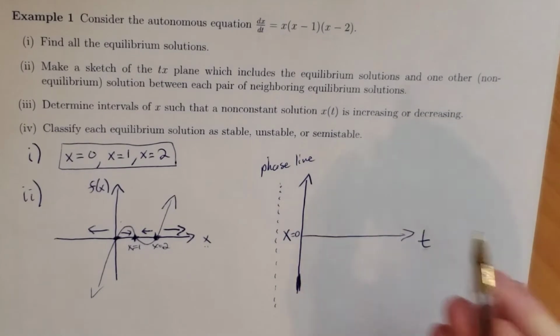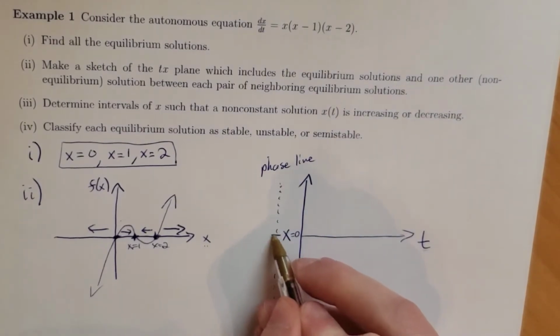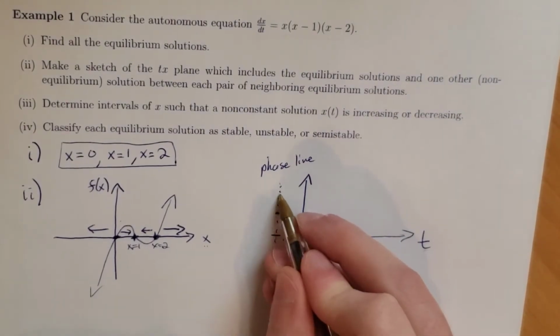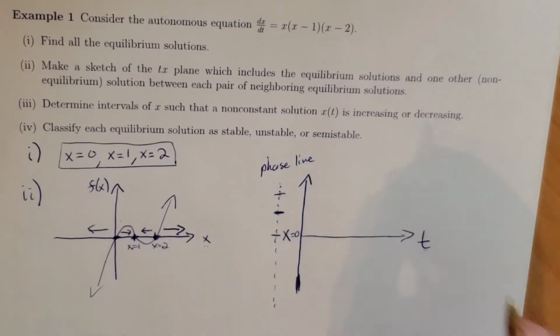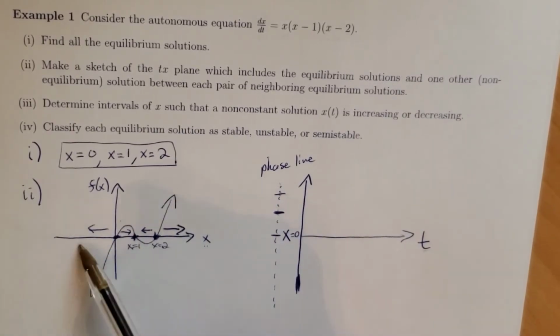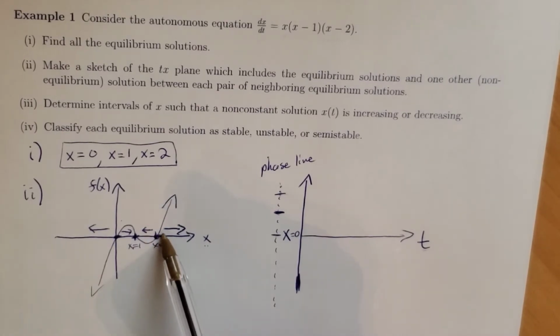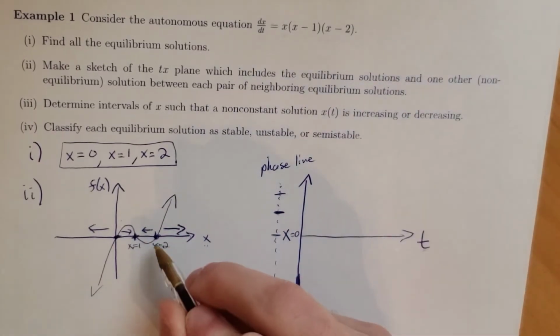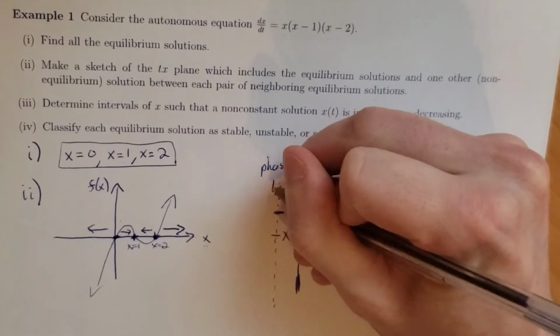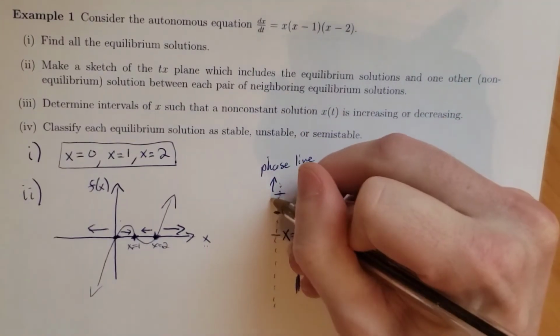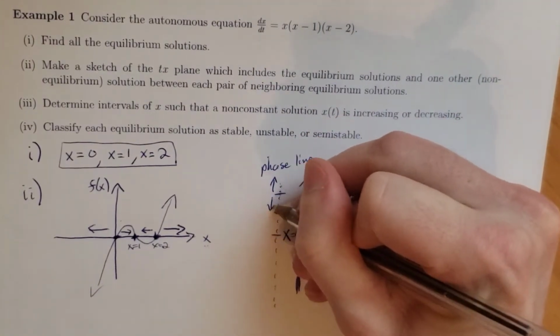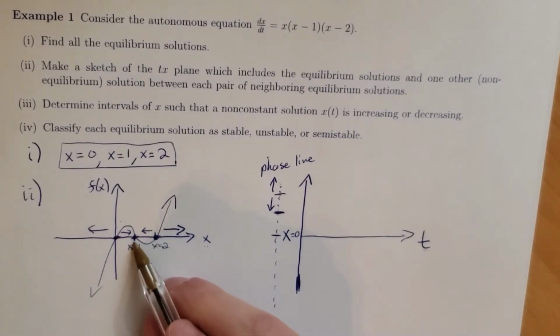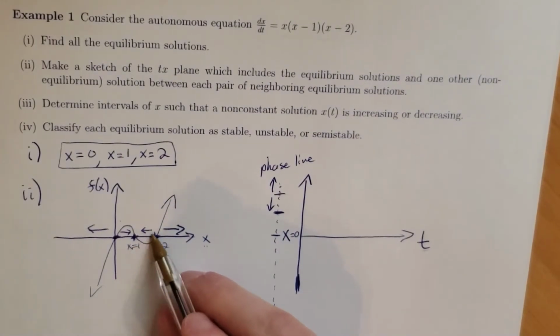We're going to put our critical points, x equals 0, 1, and 2 along this line. And then we want to rotate this x-axis, right? So our derivative is going up from 2 to infinity. So I'm going to draw an up arrow here, draw a down arrow here to represent that between x equals 1 and x equals 2, our derivative is going down.